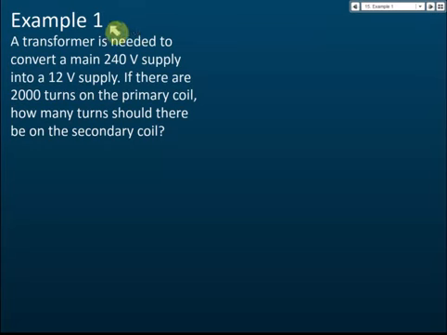So we have example 1. I give you the formula: Vs over Ns equals Vp over Np. A transformer is needed to convert a mains 240 volt supply to 12 volt. If there are 2000 turns on the primary coil, how many turns should there be on the secondary coil?